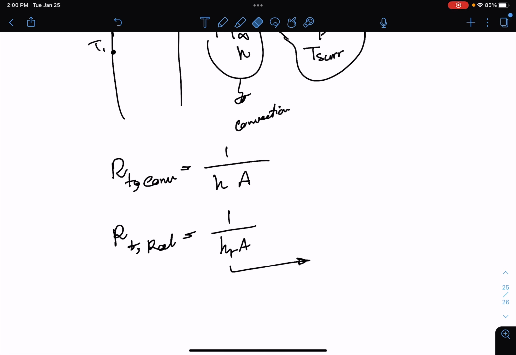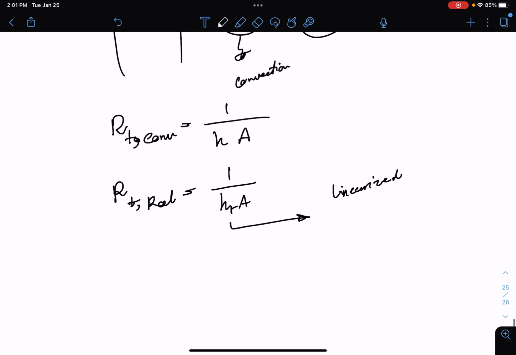If you recall, we linearized the radiation heat transfer. It came up with this h_r, which is the radiation heat transfer coefficient. It was sigma epsilon (T plus T surrounding) multiplied by (T squared plus T surrounding squared), right?